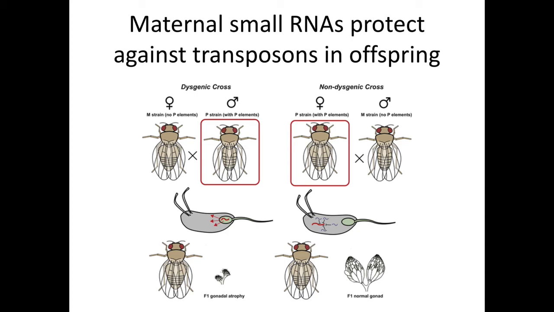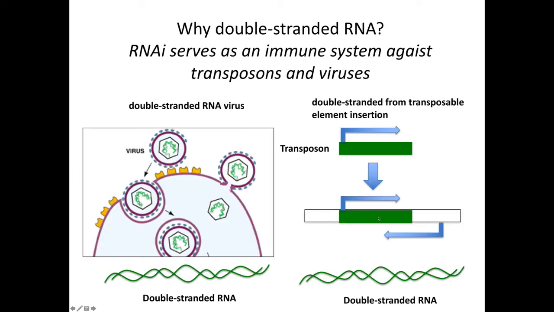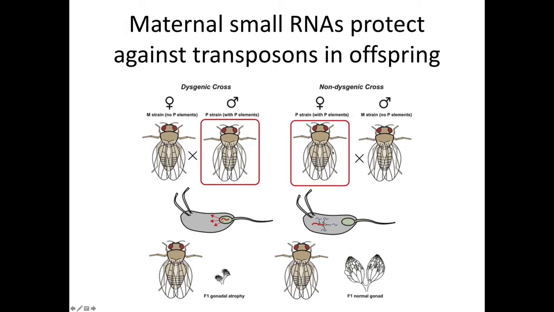And now, under normal circumstances, you can take a strain of Drosophila, which might have a bunch of these transposons, but those females that have those transposons might be configured in such a way that they make small RNAs that maintain the silencing of the transposon in the female, all right, because the transposons have maybe inserted in this particular way, making double-stranded RNA. This female is full of these classes of transposons that we'll call P elements. She's full of them, but she produces a lot of small RNAs that keep them silent.